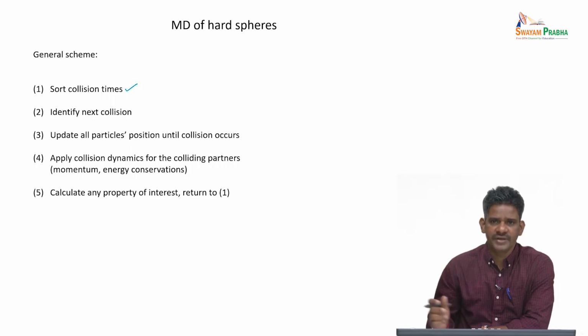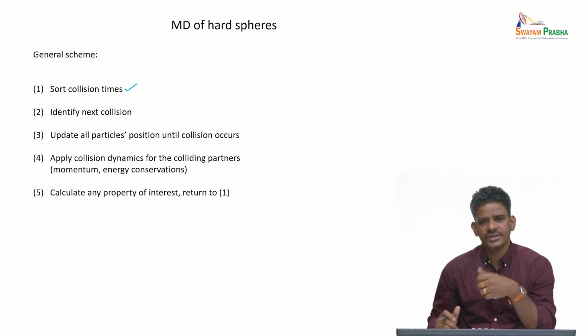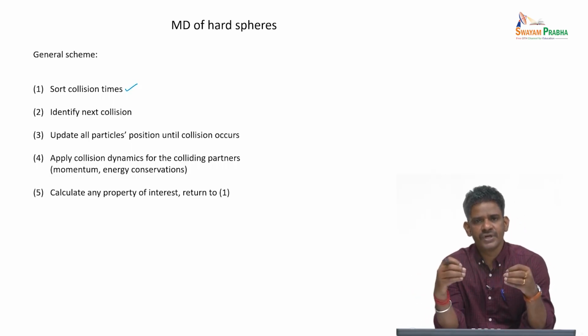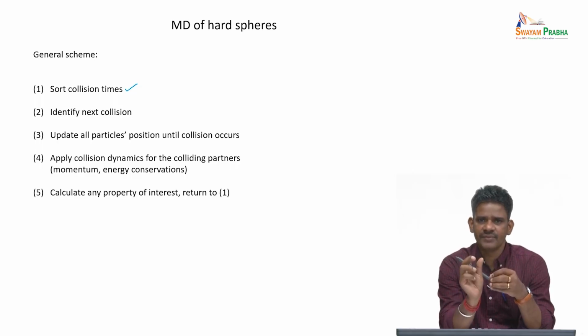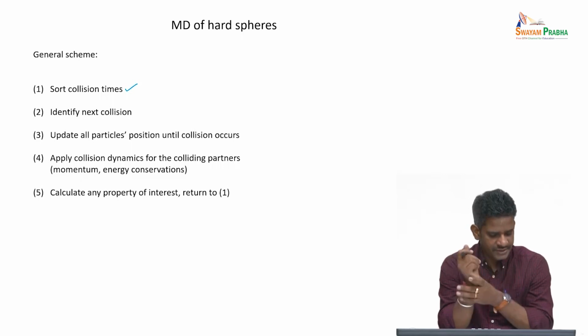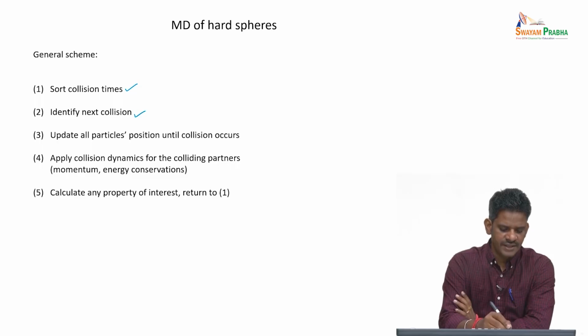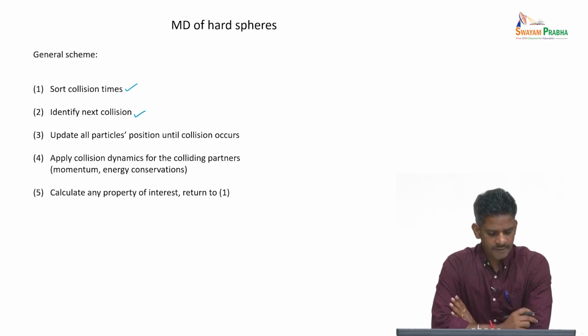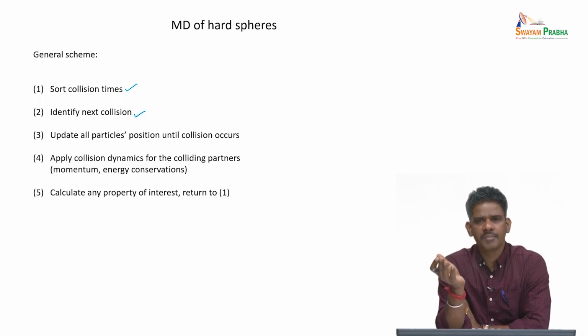Some will have very long times because they may be going in different directions, while some of them may be very close to each other, moving towards each other, and because of that the collision time will be very small. So, you basically sort the values of collision times between different pairs in the entire system. Then we identify the next pairs, basically you find out which are the pairs which are going to collide next.